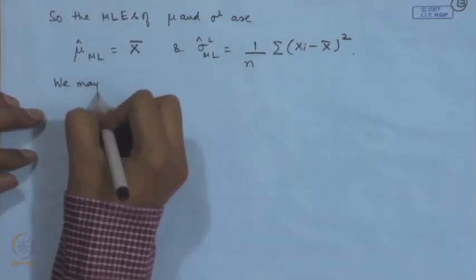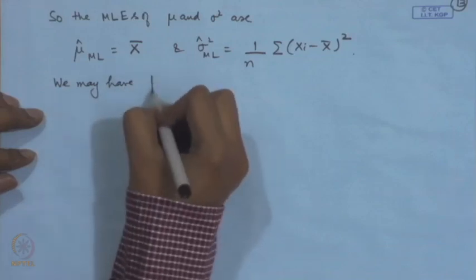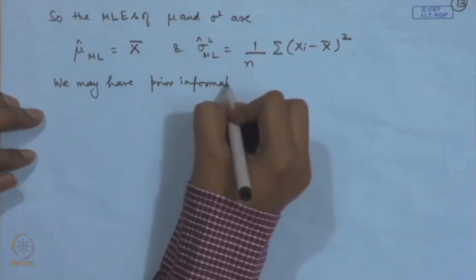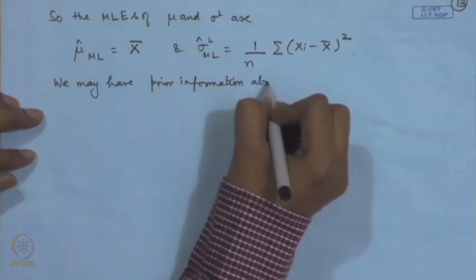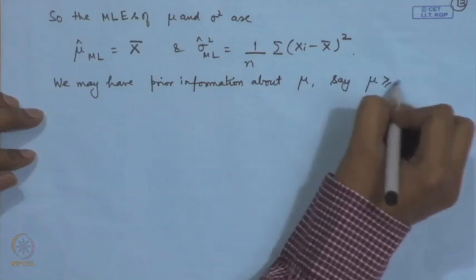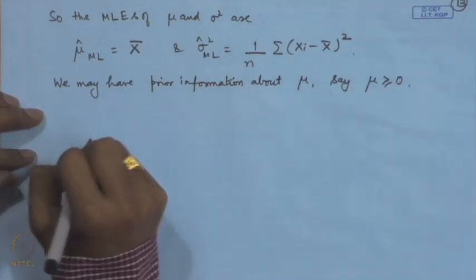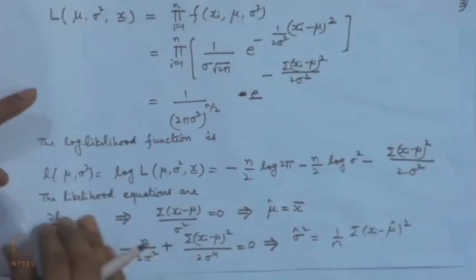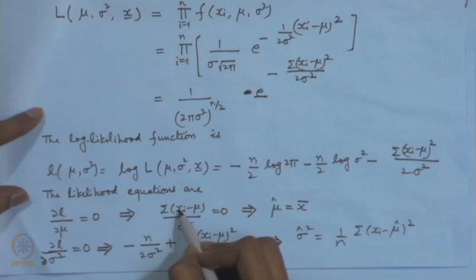For example, we may have prior information about mu, say mu is greater than or equal to 0. In that case, once again we look at the likelihood function here, we are getting n (x bar minus mu).